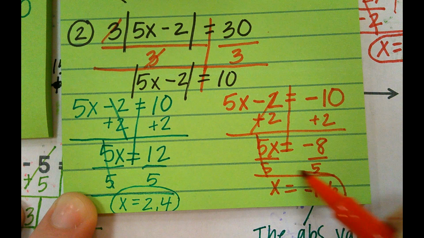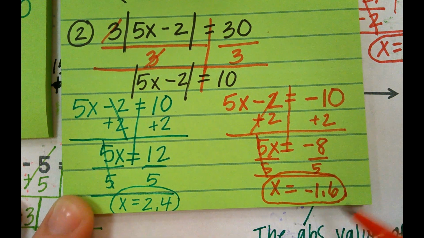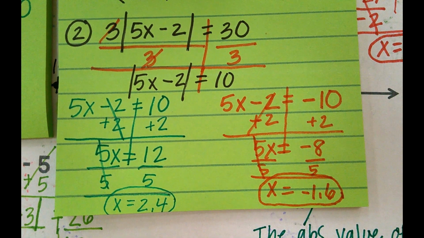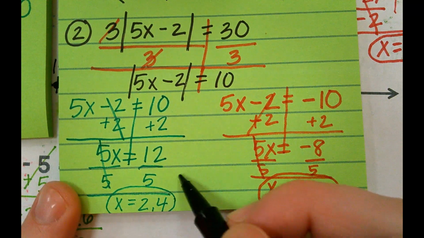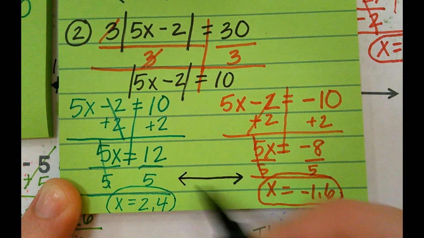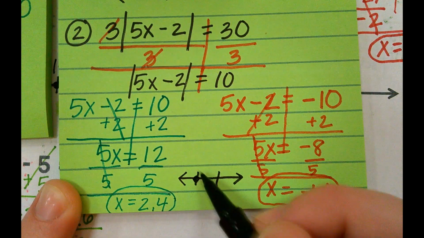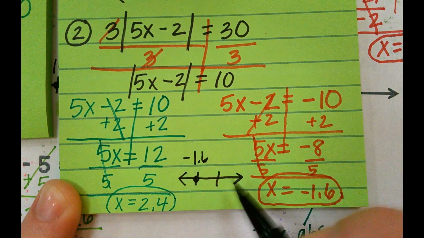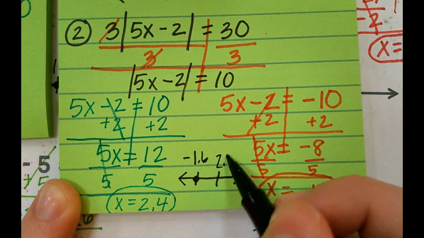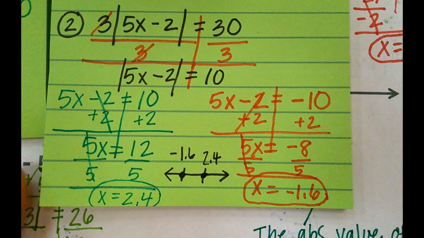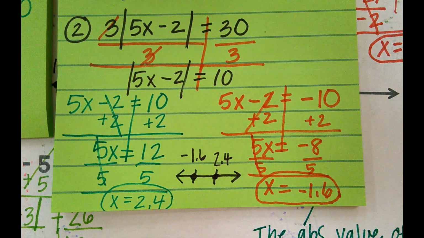Very good. And for my graph, which number comes first? -1.6. 2.4 goes second. That's it. How'd we do on that one? Good? Okay, guys.